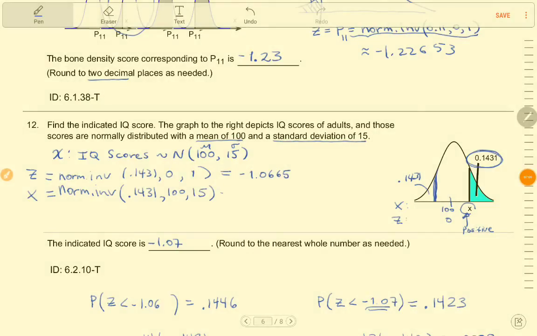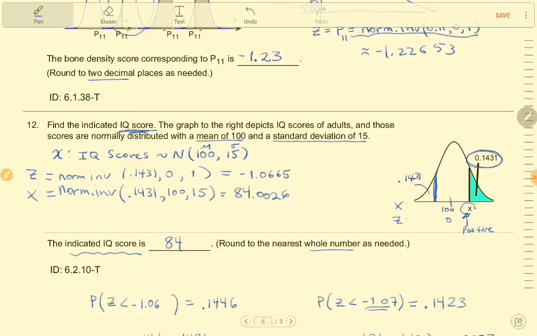Alright, so the x value I found, an IQ score of 84. And it says the indicated IQ score is, and round to the nearest whole number as needed. So the answer I got from Excel looked like this, out a few decimal places. The final answer should be an IQ score, not its relative placement to its mean.